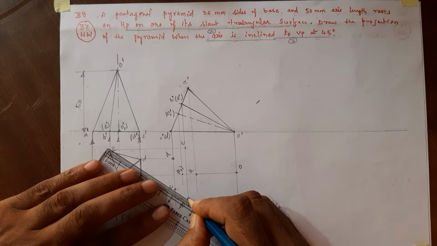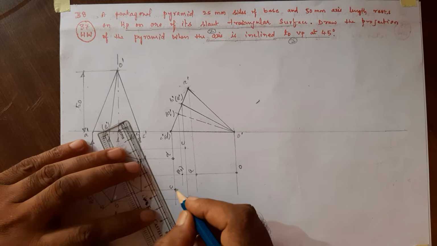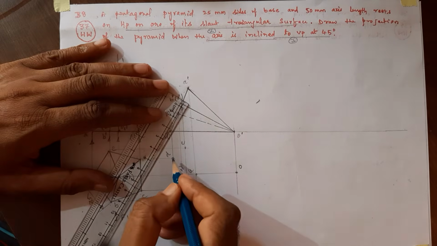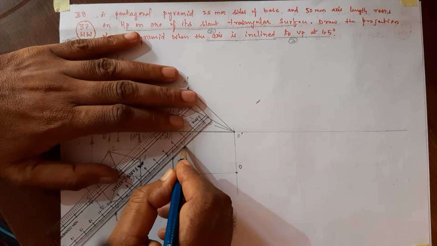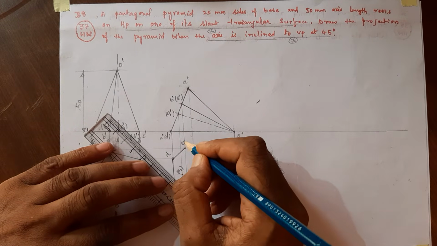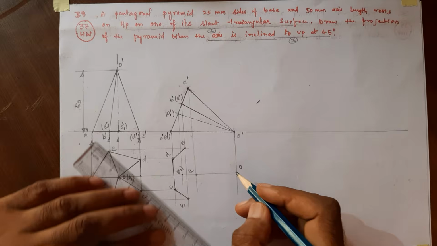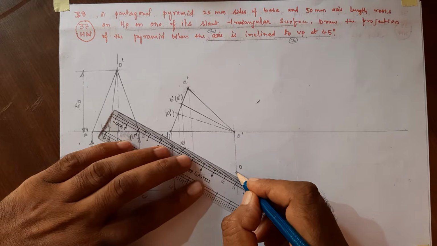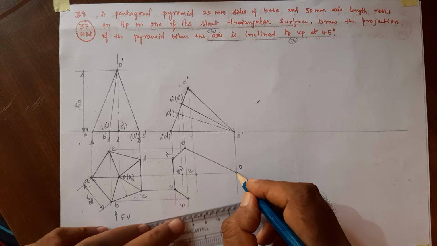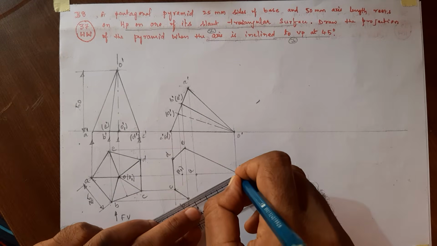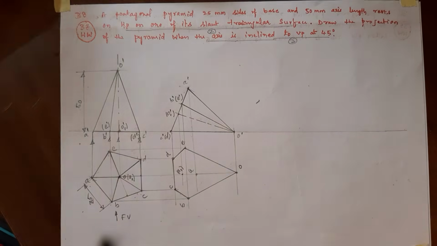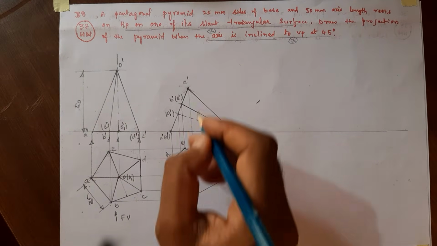Now see outline edges B to C, C to D, okay, D to A, okay, D to E. Okay, next E to O. Now see, E to O. Okay, then O to B. So O to B.